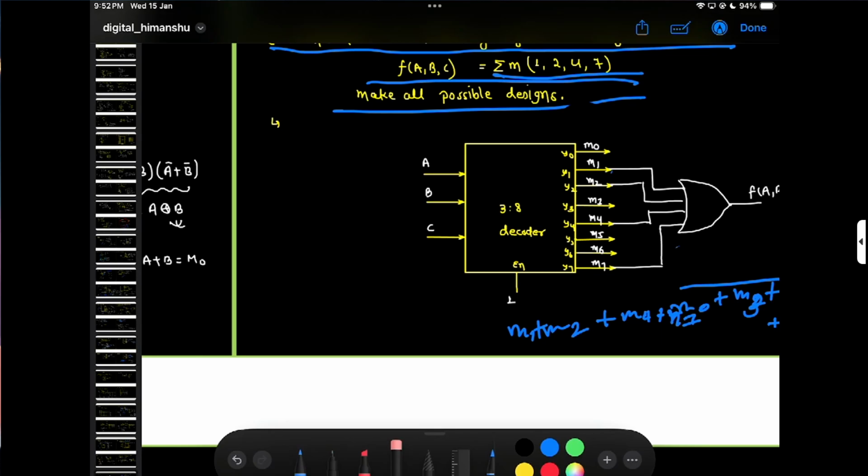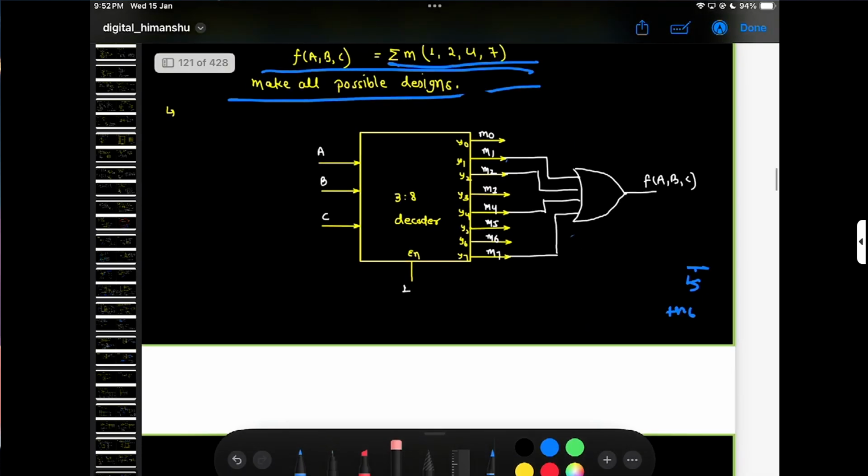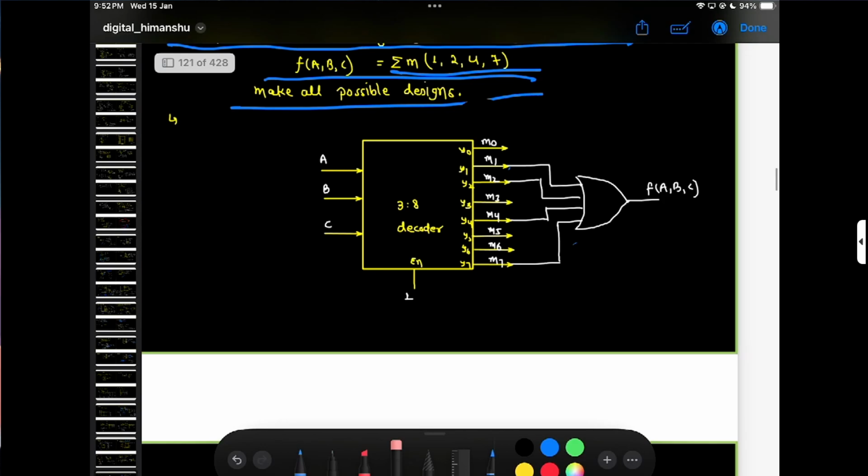So with active low outputs, using a bubbled AND gate or NOR gate, we can solve it, and with a NAND gate we also can solve it.